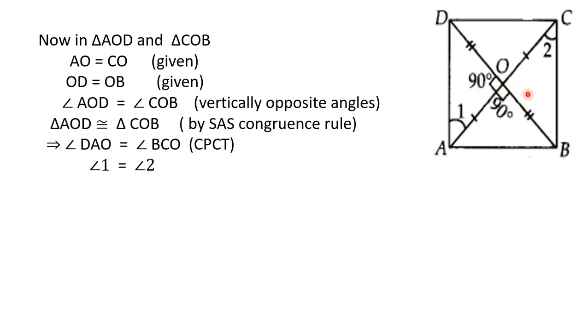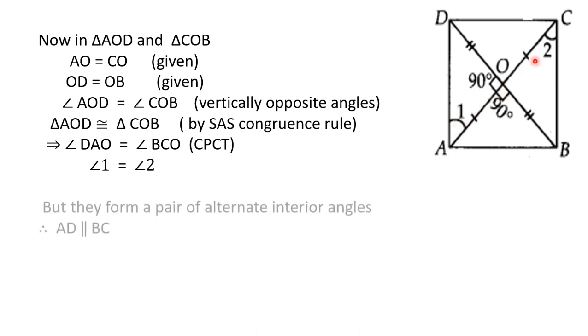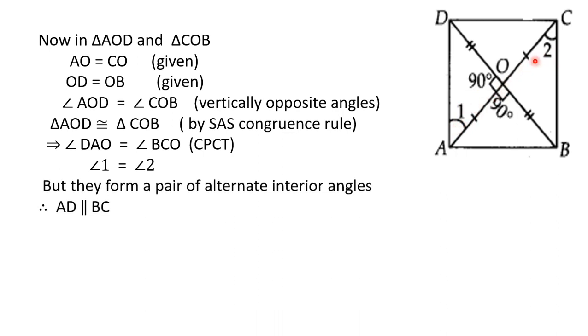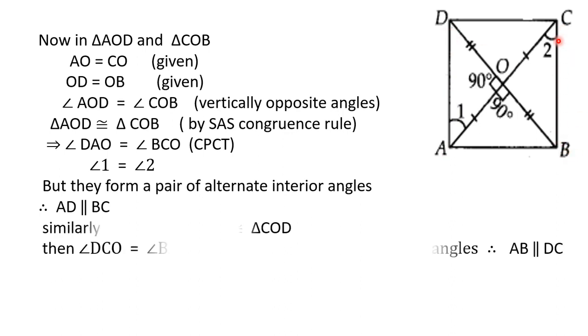And if the triangles are congruent, we can say angle 1 is equal to angle 2 as corresponding parts of congruent triangles. Now these two angles are a pair of alternate angles. When two lines are intersected by a transversal and a pair of alternate interior angles are equal, then the lines are parallel. So we get line AD is parallel to line BC.